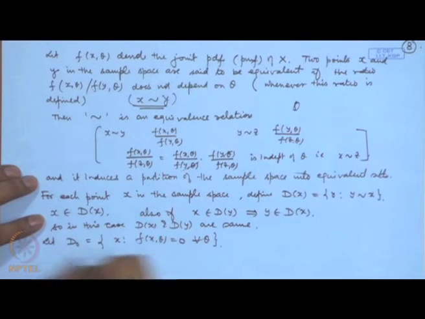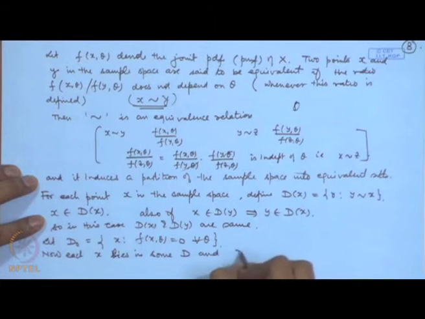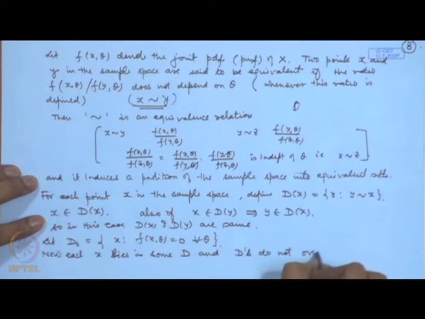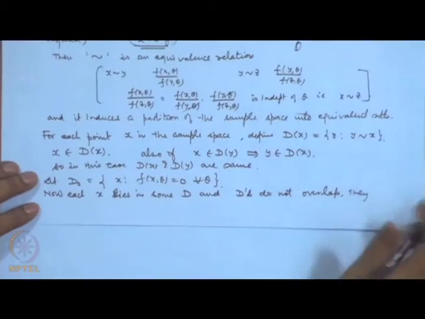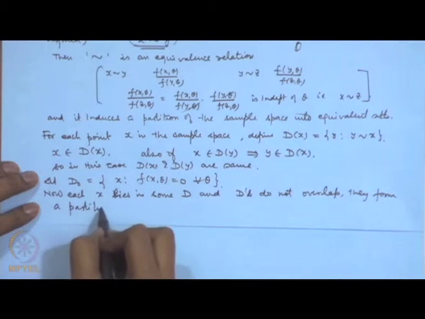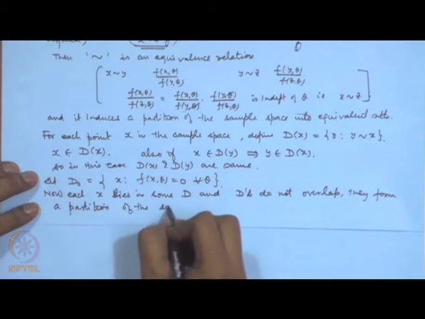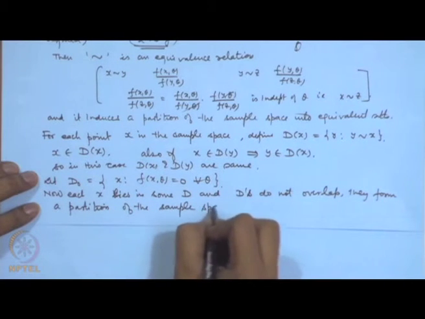So, now each x lies in some D, and the D's do not overlap, they form a partition of the sample space.